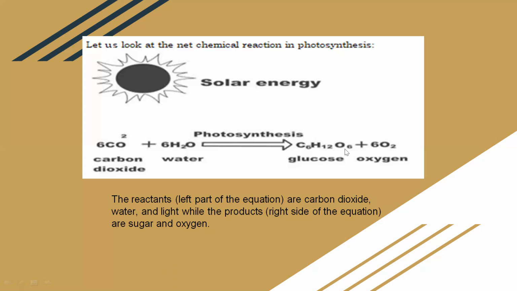Let's see. Oxygen, we have 6, and 2 times 6, we have 12. So 12 plus 6 is 18. So 18 oxygens in the reactants and 18 oxygens in the product. So it's equal. Another one is hydrogen. We have 2 times 6, 12. Let's see here, we have hydrogen 12. So it's equal.